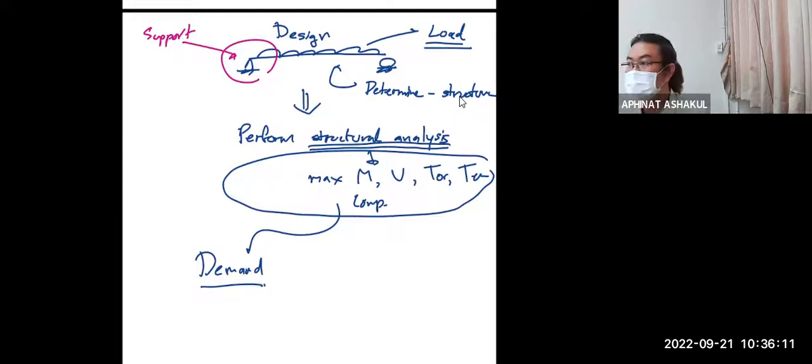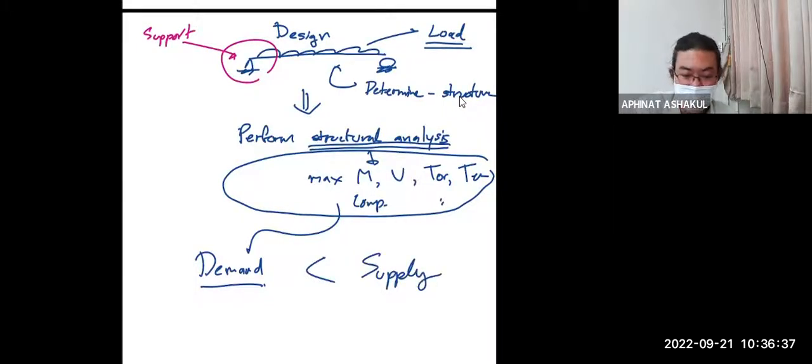It's your job to make sure that your structure can handle these things. So in the beginning, you need to know what your structure needs to handle. And that's why this course is here, to teach you to find these things. And when you have the demand, you need to make sure that your demand will never exceed your supply.